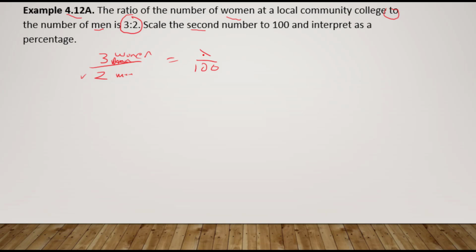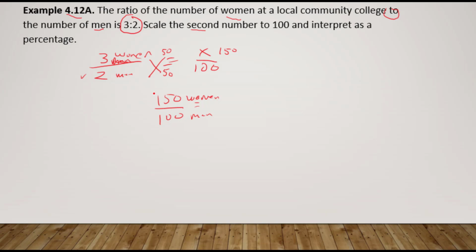So I'm going to do it like this. I could just cross multiply and divide, right? But I recognize that 2 times 50 is 100. So I'm going to get 150 up here. See that? 150 to 100. Now, that's it, right? For every 150 women, there was 100 men.